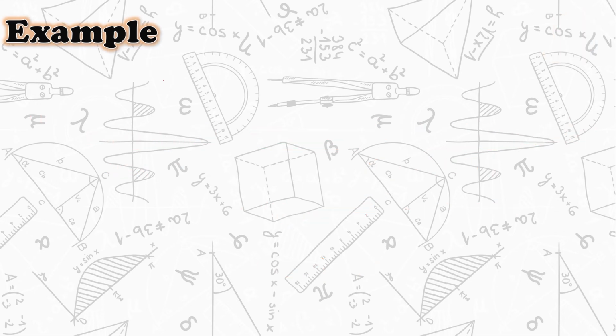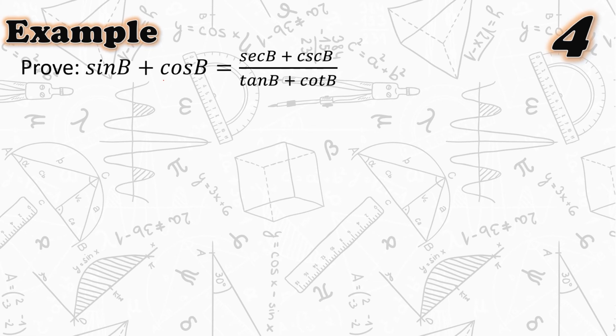Let us have example number 4. Prove sine B plus cosine B is equal to secant B plus cosecant B over tangent B plus cotangent B. In here, the more complicated side is the right-hand side. Therefore, we're going to work on the right-hand side.